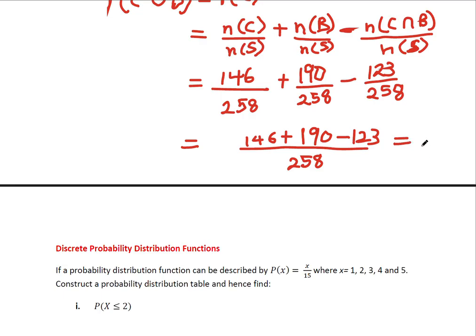So all we need to do now is to simplify the numerator and divide that result by the common denominator. So this will be therefore 146 plus 190, and we're going to take away 123, and that's going to give us 213. So this is going to be 213 divided by 258.